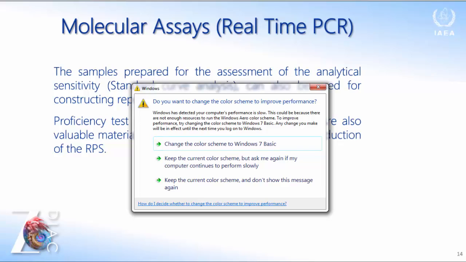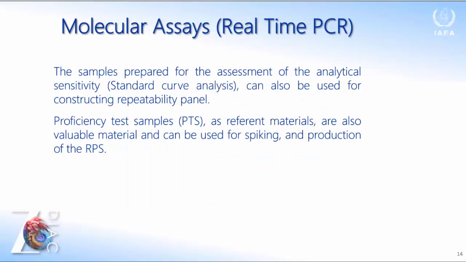Because if you remember from yesterday, for the standard curve analysis we always use a highly positive sample, which we then dilute in tenfold dilution steps, and we can use that already prepared material and select one highly positive, one in the middle range, and two low positive samples.